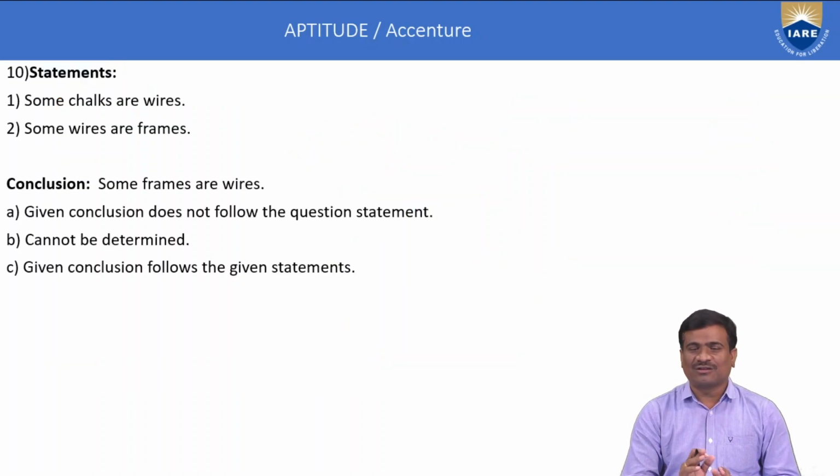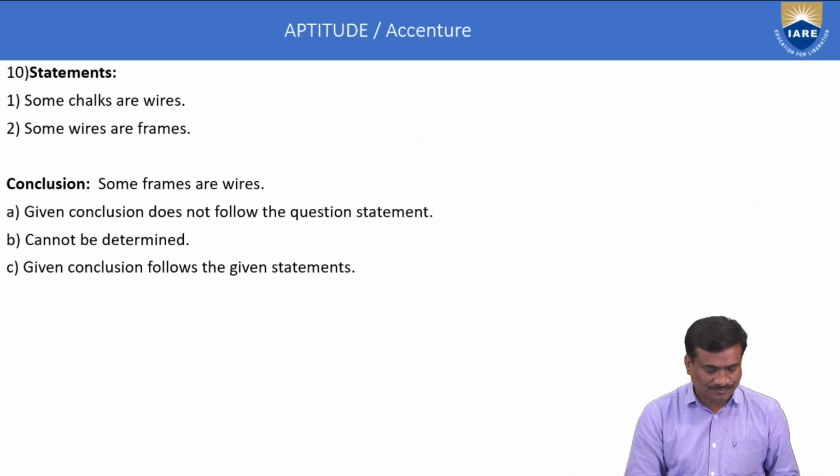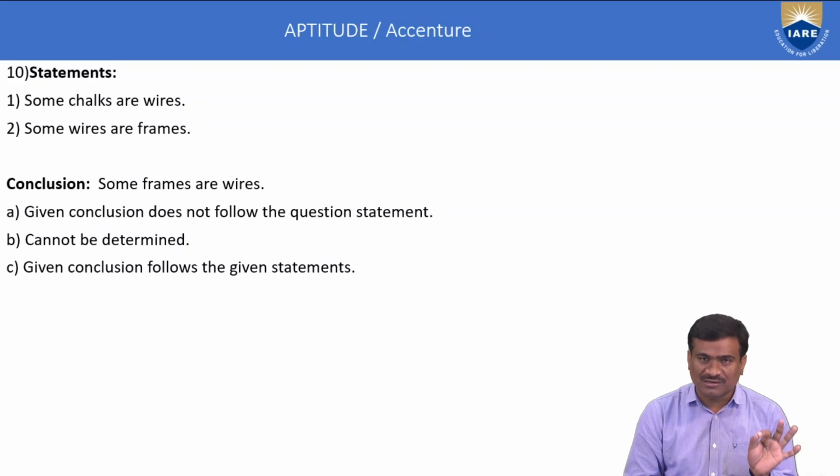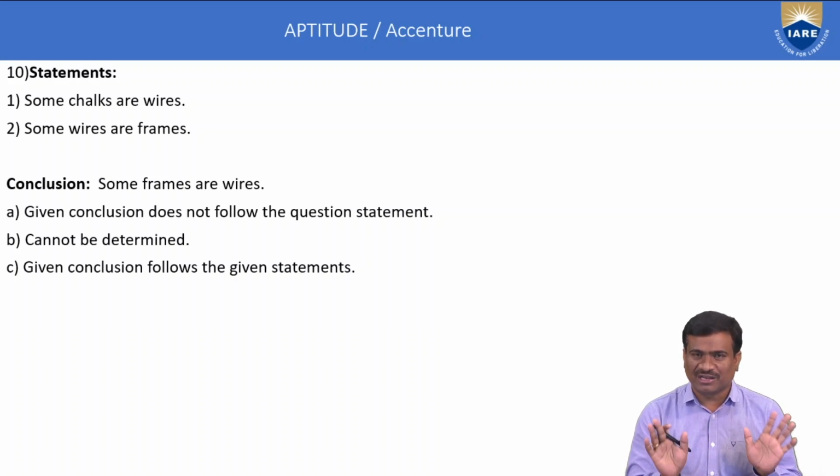Next, the 10th topic, logical deduction. Statement number 1: some chalks are whites. Number 2: some whites are frames. Conclusion: some frames are whites. This is a direct statement, so in this example a diagram is not required. For the general diagram, the relation between only 'some': first statement some, second statement some. Some indicates a common part between two Venn diagrams.